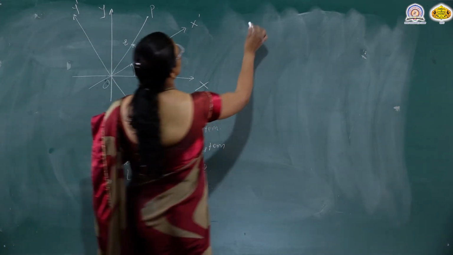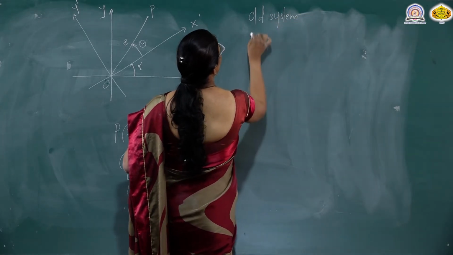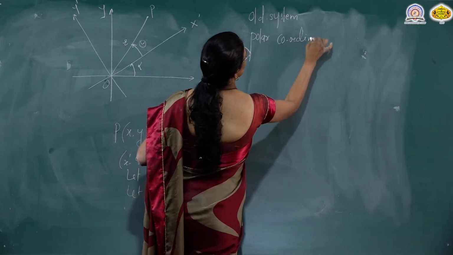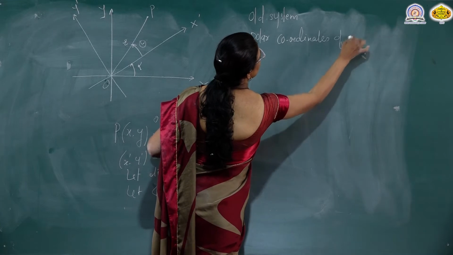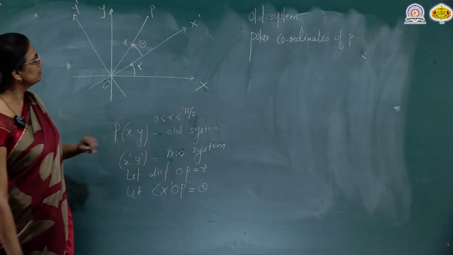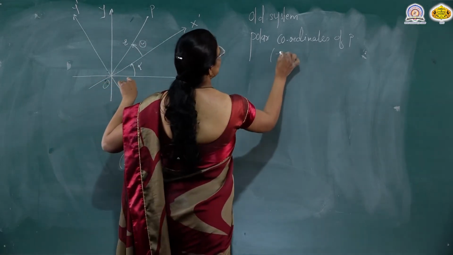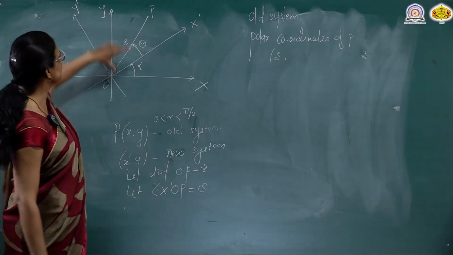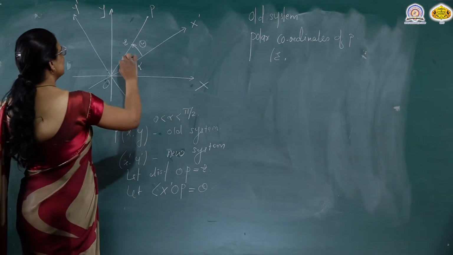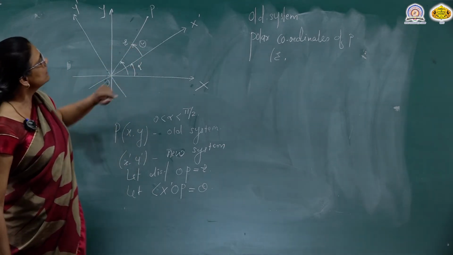With respect to our old system, the first polar coordinate is distance OP, which equals r, and the second polar coordinate is the angle between OP and the positive direction of x-axis, that is, this whole angle, and you can observe from the diagram it is alpha plus theta.